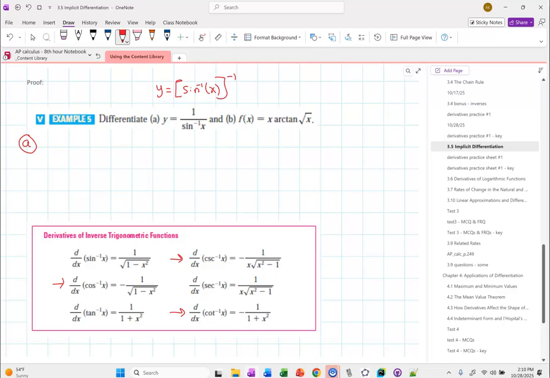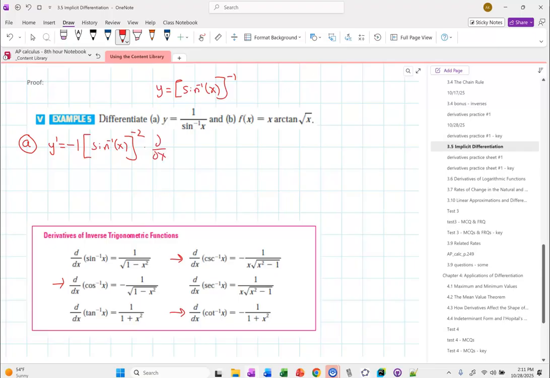Now, could you use a quotient rule? Absolutely. Will you get the same answer? Absolutely. Will it be a little messier? Yeah, I think so. Because this guy, I can do in my head. So the derivative of the outside is going to be -1 stuff to the -2, right?